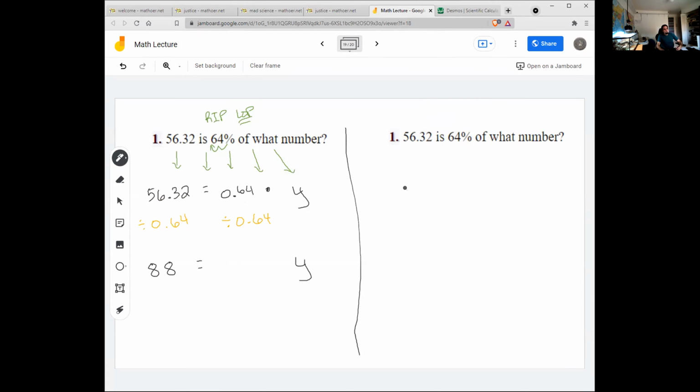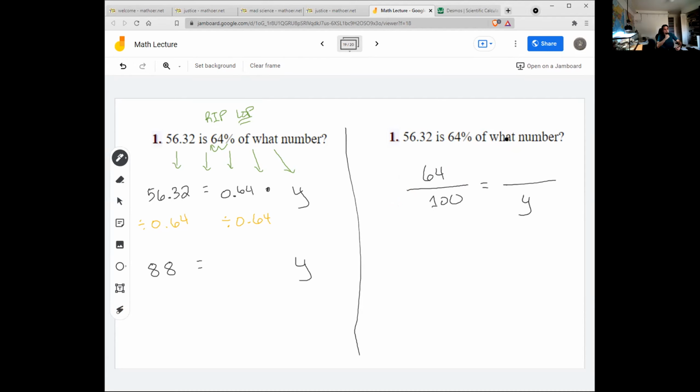If you're a proportion person, what number goes on the left side? The percent part, so 64 over 100. The thing that comes after of is the bottom of the right side, so that's our variable.